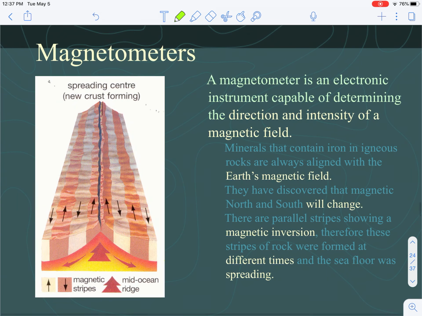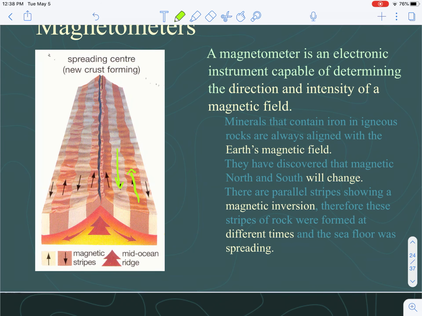So a magnetometer can also take some technology that looks at magnetic fields, and they can examine iron, which is very magnetic, and they find that there's a parallel stripe in the Earth's new bottom, and they're finding that there's magnetic inversion, meaning that there is a magnetic field going one way in a part of the Earth and going the other way in another part of the Earth.